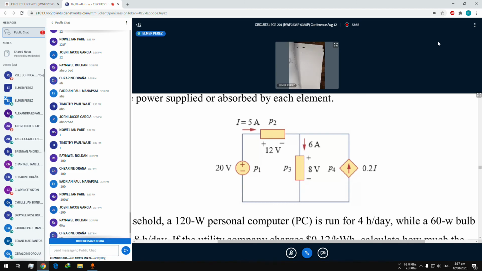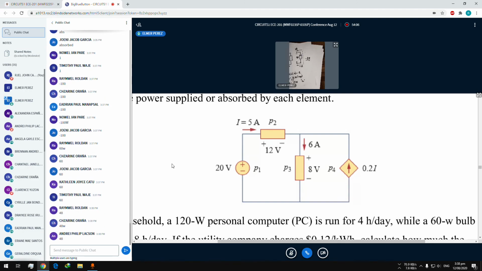It's positive kasi it is absorbed. Okay, tama kayo? How about power 3? Okay, 48. So that's also absorbed. How about power 4? Okay, negative 8, kasi this is supplied.